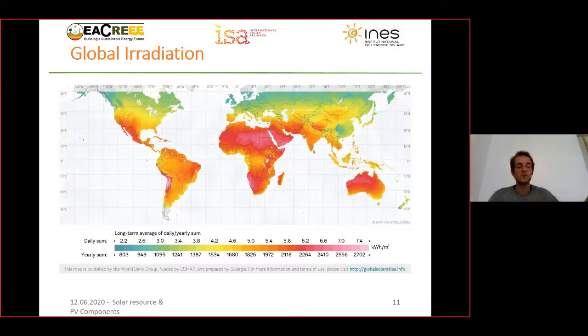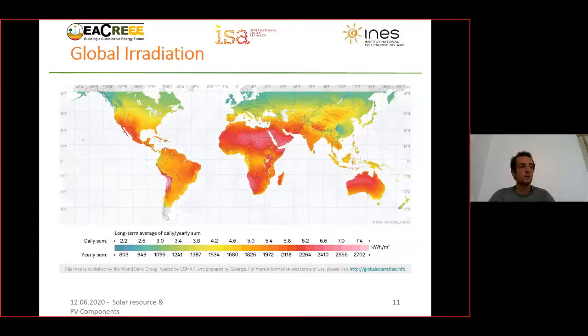So you see all the continents: America, Africa, Europe, Asia, Australia, and you have colors that will give you the amount of energy that you can collect. Basically, if you are in purple or red color, it means that you receive a lot of energy each day and each year on your specific site.